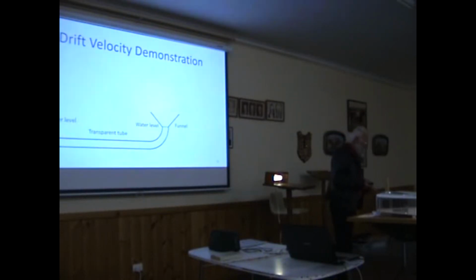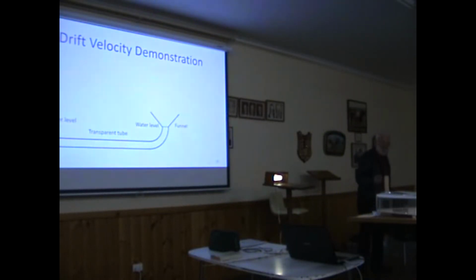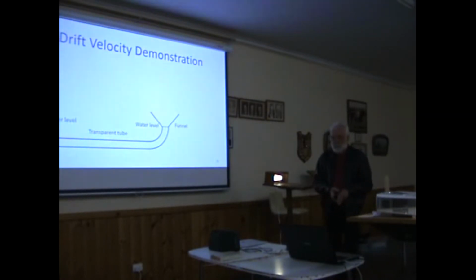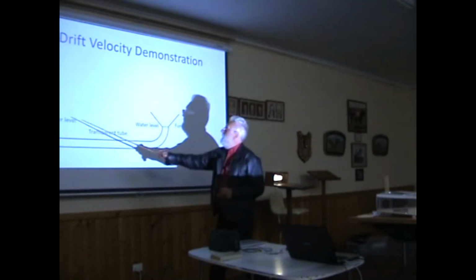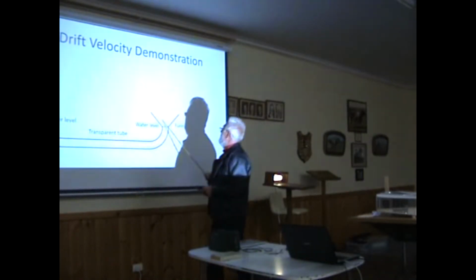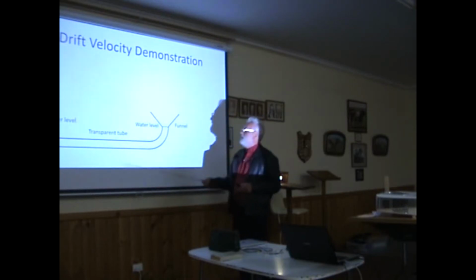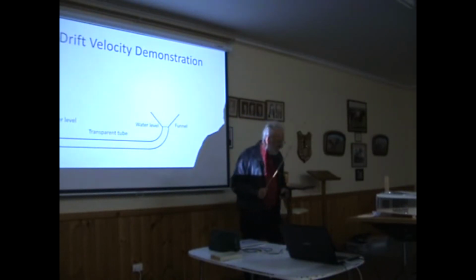Imagine a bit of U-shaped plastic pipe, clamped here and here, with a funnel at one end, filled with water. And you can see, I'll use this beautiful stick, you can see the water level.